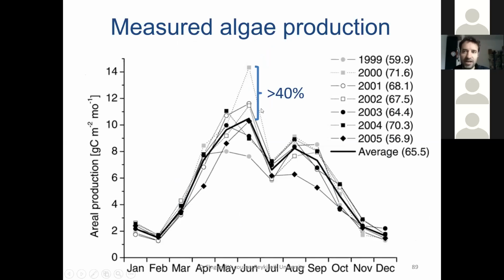And we could find out that due to natural variability, simply because sometimes you have a year where you have a lot of rainfall and a lot of erosion and a lot of turbidity that comes into the lake, turbidity can vary by 40%. And this can impact algae production also by 40%. So this all comes out of these simulations for the variability over different years.